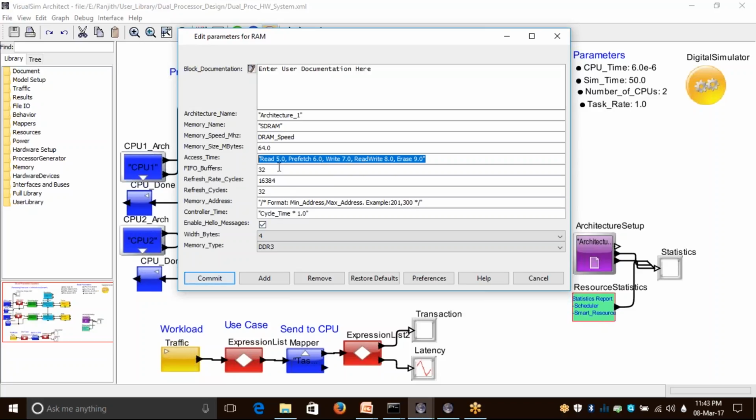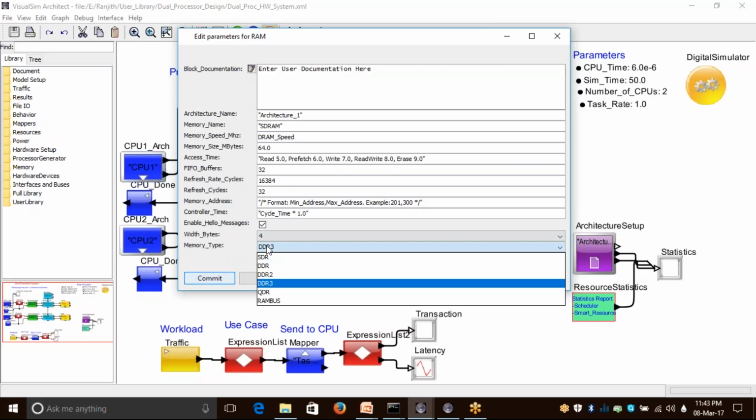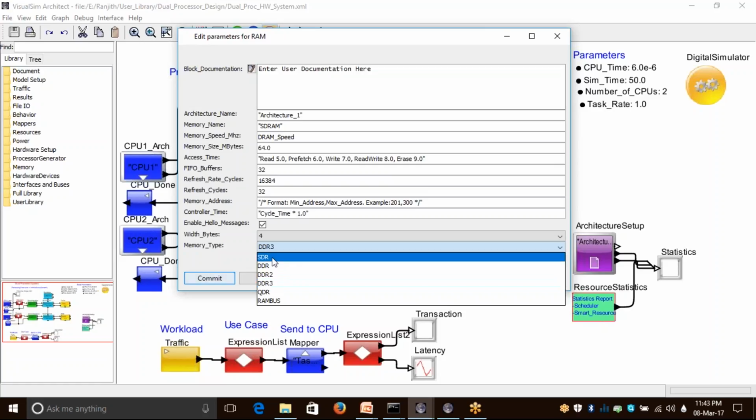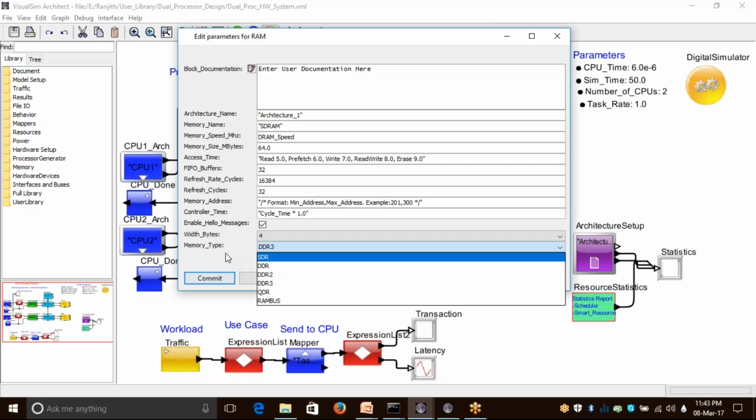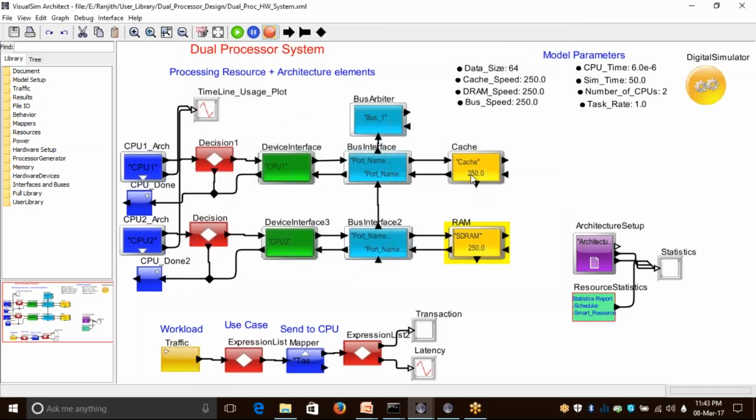Also, you can provide the buffer sizes, the size of the memory itself, the rate at which you're running, and the memory type that you're selecting. For example, it supports all the way from SDR to DDR3, QDR, and RAM bus. You can dynamically select these and run the model.